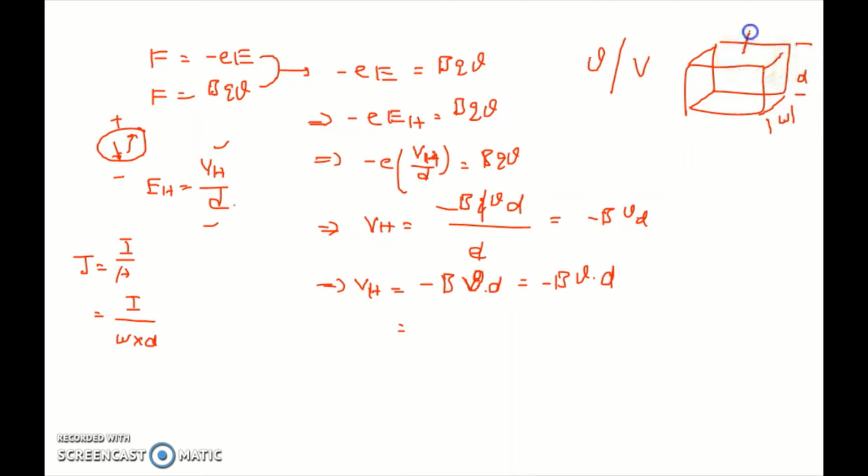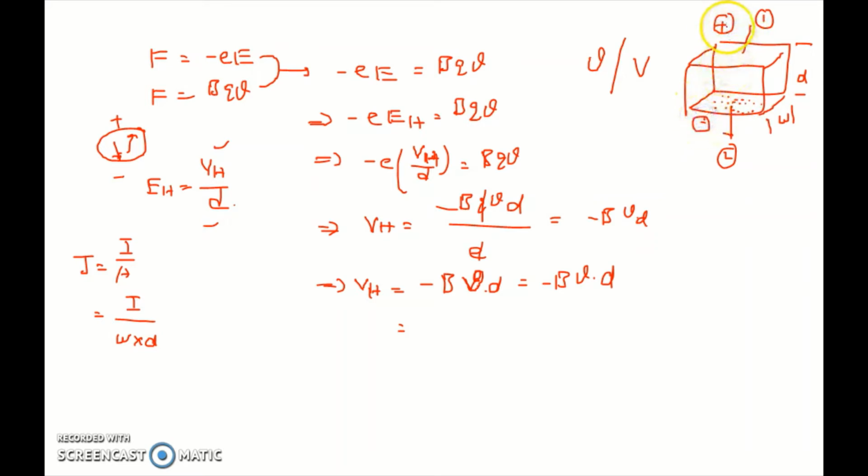Why? Because in my specimen there is surface number one, that is the top surface, and the bottom surface. If it is a metal, then all the electrons are going to be pushed towards surface number 2. Then surface number 2 becomes negative and surface number 1 becomes positive, as I said in the previous slide.